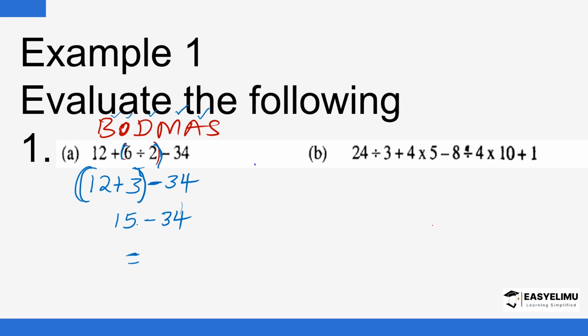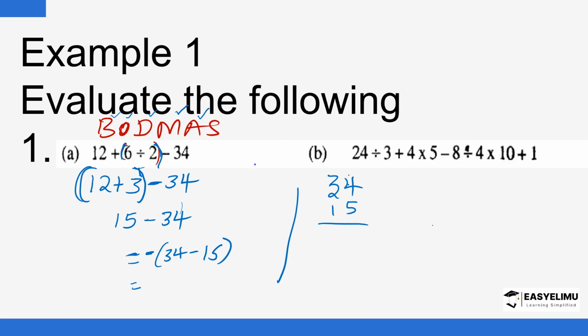We have 34 being subtracted from a smaller number, so the answer is going to be negative. This is going to be negative of 34 minus 15, the difference. So what is that going to be? We have 34, and you are subtracting 15.